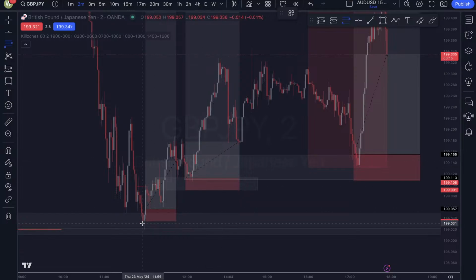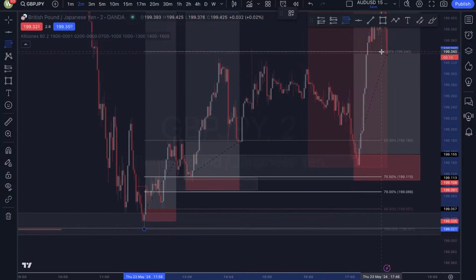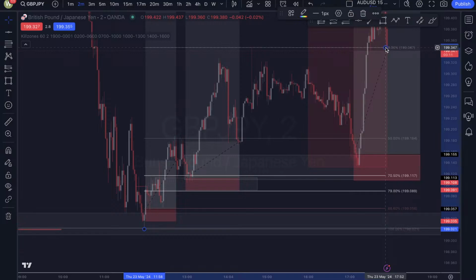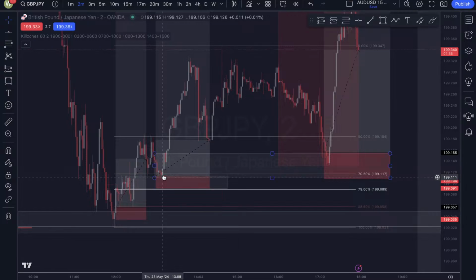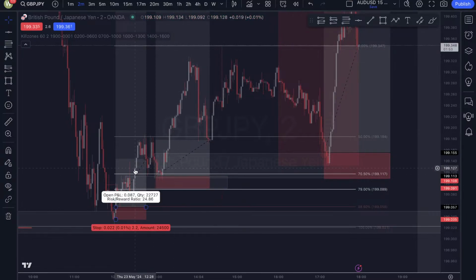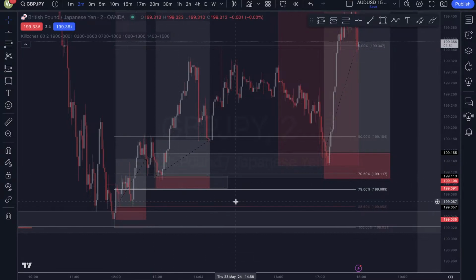We can find a good point of supply by marking out our high and low and getting our discounted price. You can see that our discounted price got tapped in here perfectly, between that 70.5 and 79 level. That was that indecisive candle perfectly.